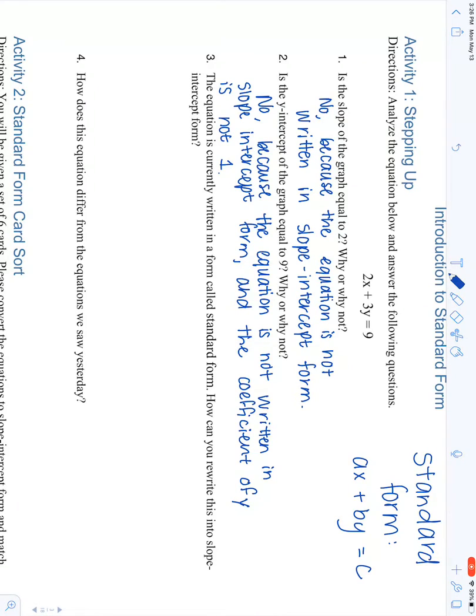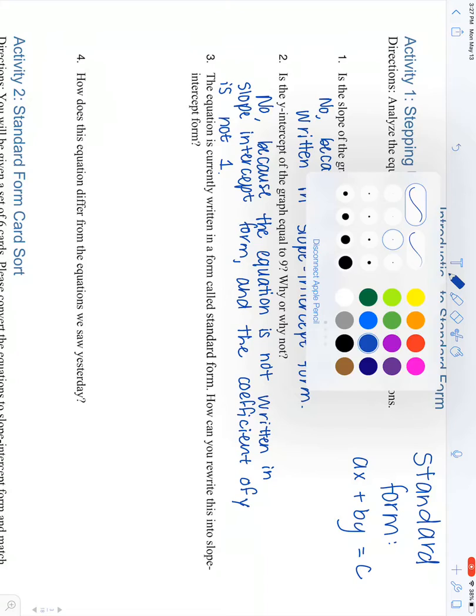Okay, so if there's a coefficient of anything before this y, that means our y-intercept is not going to be this number, because at a certain spot we're going to have to divide by 3. Okay, this equation is currently written in a form called standard form. How can we rewrite this into slope-intercept form? And that's by using our knowledge of equations.